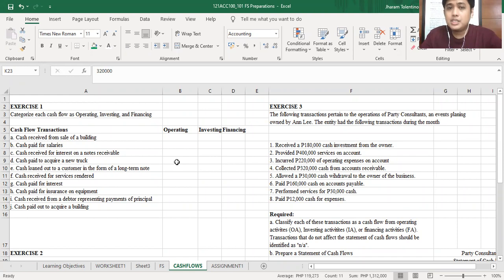Again, pag sinabing statement of cash flow, ang pag-aaralan natin, what happened to your cash from its beginning balance during the year and ano yung ending balance niya. Okay, ang bago nga lang dito is that you need to classify those cash transactions into three. No? Operating, investing, and financing activities.